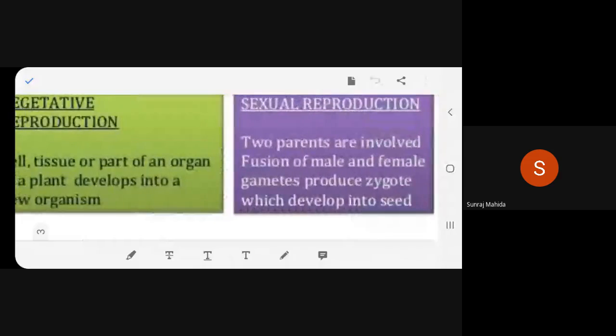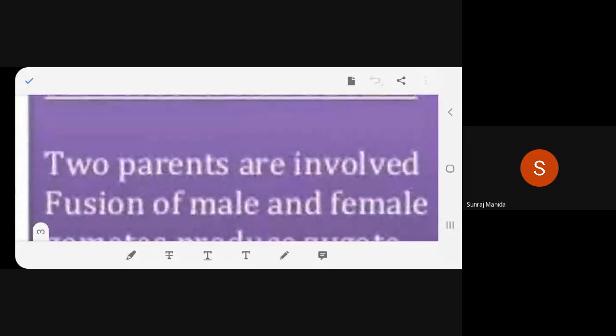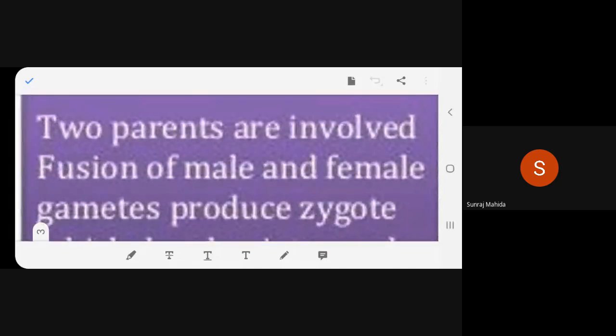Now we come to sexual reproduction. Yes, but say, read better.